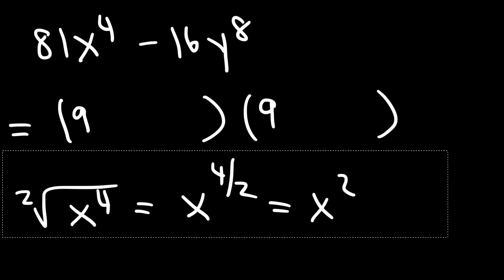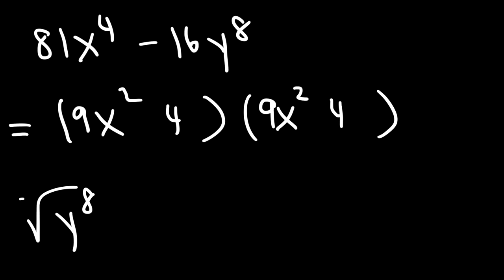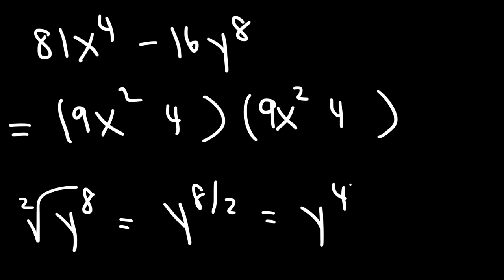When you take the square root of something, you're basically dividing the exponent by 2. So the square root of 81x to the 4th is 9x squared. Now what about the square root of 16y to the 8th? The square root of 16 is 4. And the square root of y to the 8th is the same as y to the 8th divided by 2. So it becomes y to the 4th. You just have to take half of this number.